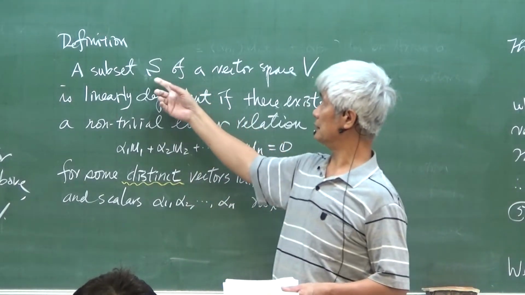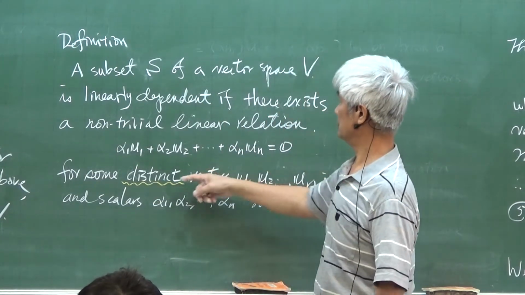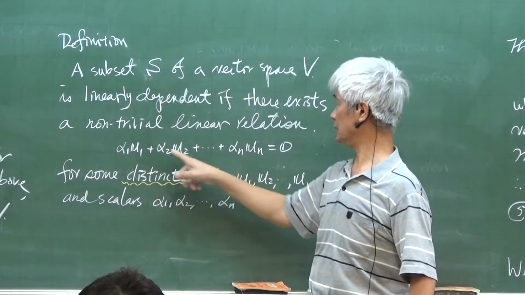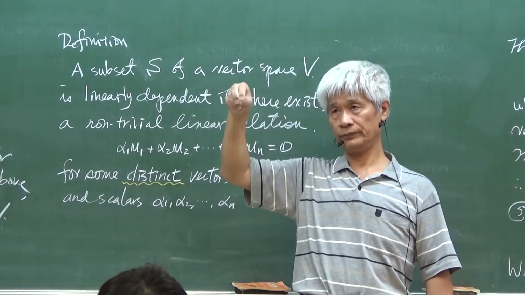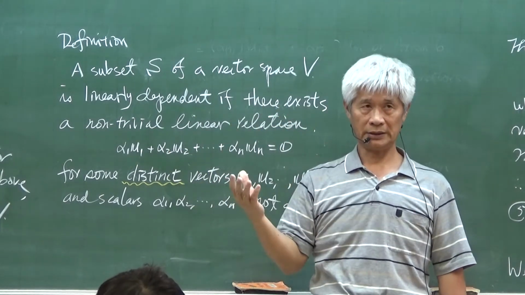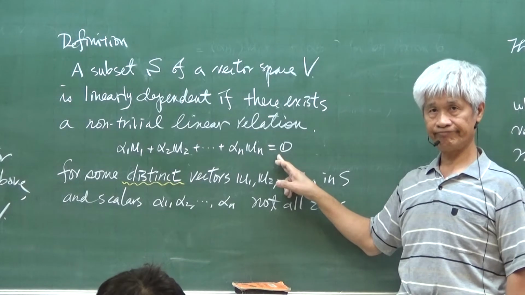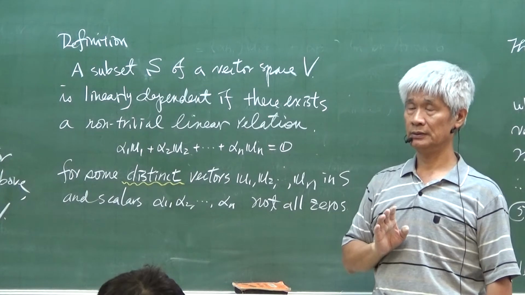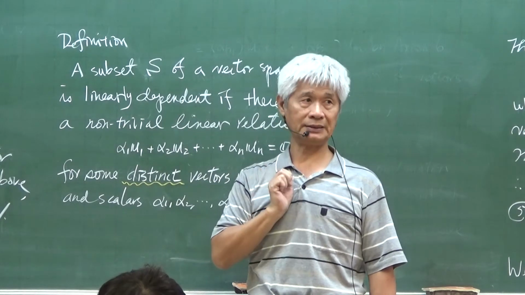Even though it is infinite, if we can pick finitely many distinct vectors, u1, u2, and so on, they are all distinct, you can pick those, only finitely many, it can be one vector or two vectors, etc., such that we can form a non-trivial linear relation like this one, and the coefficients are not all zeros, then this set is called a linearly dependent set.